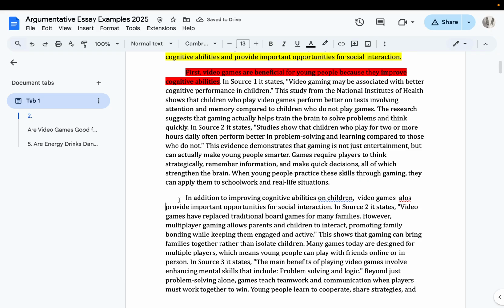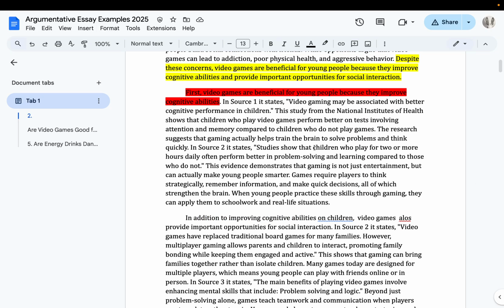See how we're saying, in addition to this first reason, I'm going to tell you a second reason. In addition to providing cognitive abilities in children, video games also provide important opportunities for social interaction.